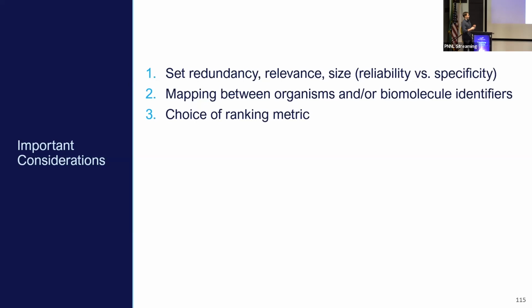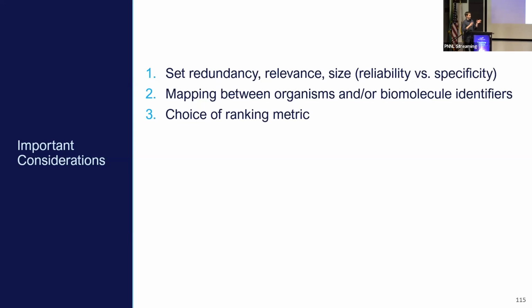So you may lose your ability to detect those actually interesting changes when you throw in a bunch of irrelevant garbage. The other thing is the size of the sets. You have a trade-off between reliability and specificity. As sets get larger, they get more reliable, because a change in one gene in the set doesn't really change the overall enrichment score of that set.